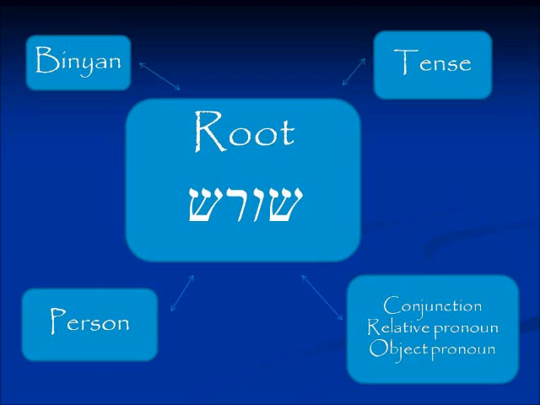The binyan we're going to talk about a lot more and explain what the binyan means. And the root might be also attached to a conjunction like and, or a relative pronoun, or an object pronoun. So we need to know all these things going into understanding the roots as we analyze each word in the text.